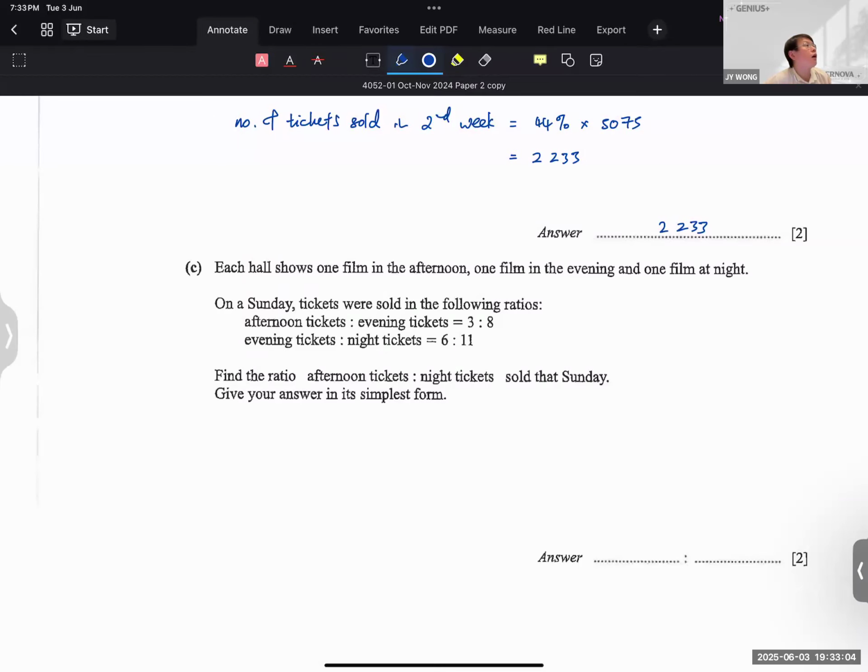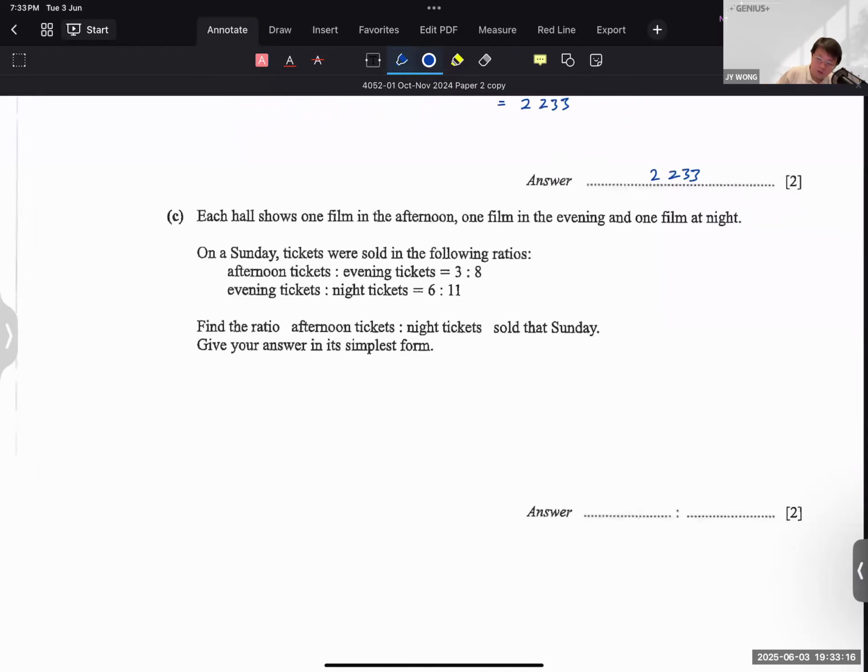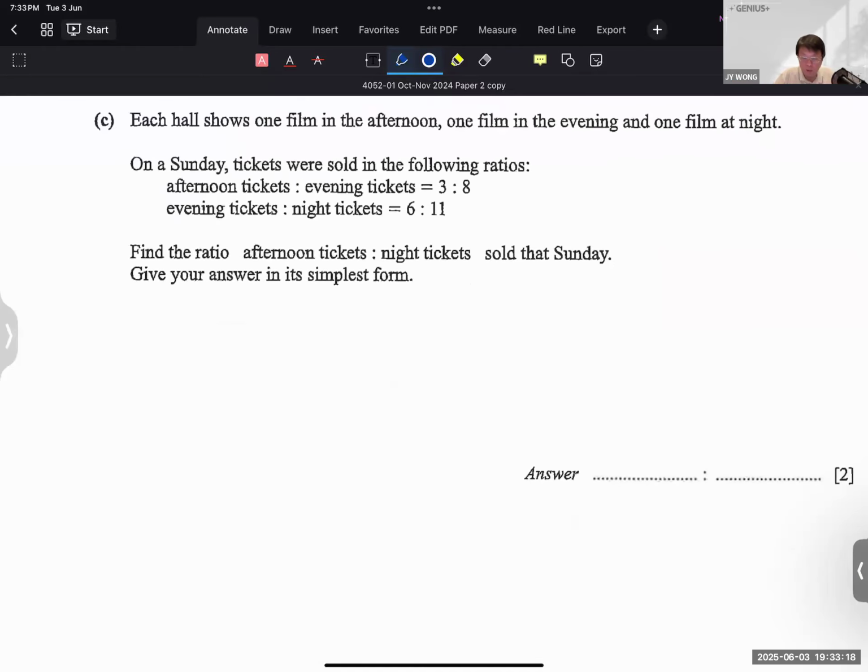for 2 marks. This is your primary school repeated identity. In secondary school, we call this your chain rule, not the differentiation chain rule. So by repeated identity, what's the ratio of afternoon to night tickets sold? So what's your repeated identity? Evening, right? So the 8 and the 6 need to be the same. So the common multiple is 24.